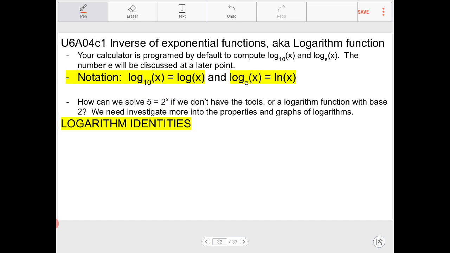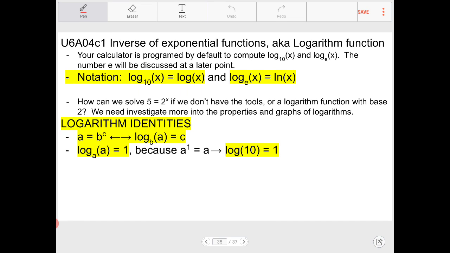So, some identities of logarithms that you should be aware of, that perhaps you can conclude on your own as well. First, the conversion from exponential form to logarithmic form. If I have a is equal to b to the power of c, then we can re-express this as log base b of a is equal to c. Log base a of a is equal to 1.